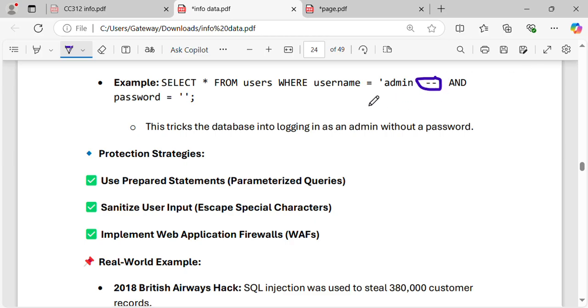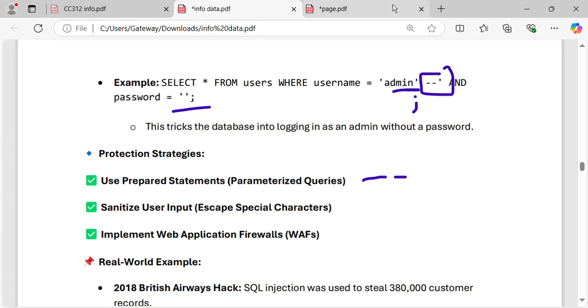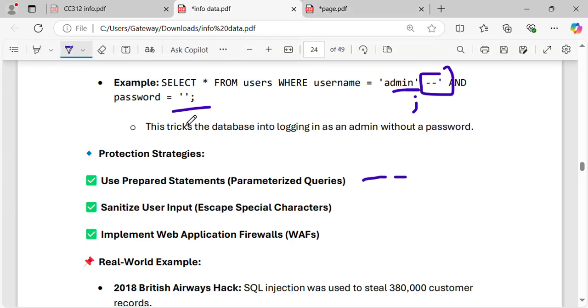We only know that the username for admin would be admin, but we don't know the password. So the attacker writes the username as admin and then comments out the rest. In SQL, we use these two dashes to comment out things. Effectively, the query checks select from users where username is admin and password is empty.